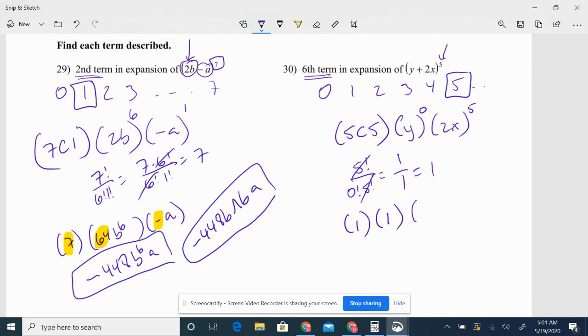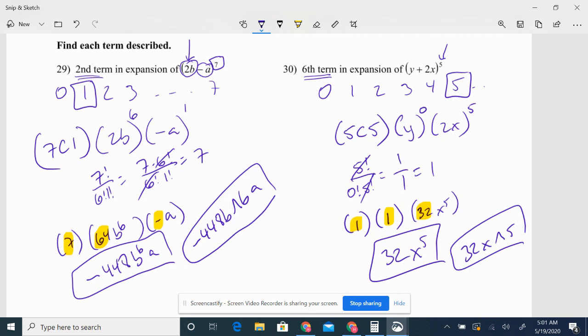Now, 2 to the 5th, that's 32. And then x to the 5th. Let's multiply our numbers: 32 times 1 times 1 gives me 32 x to the 5th. How do you type this? 32 x to the 5th. Easy. Expect one of these on the test.